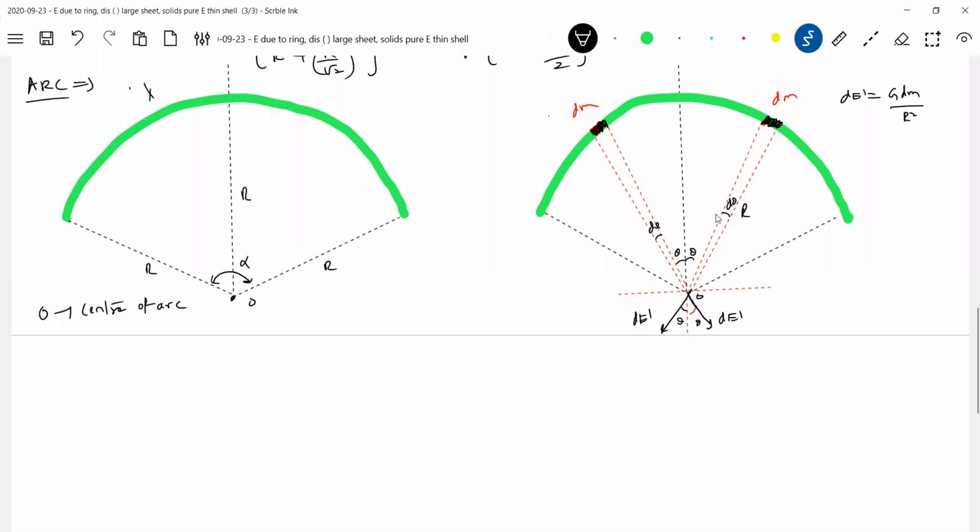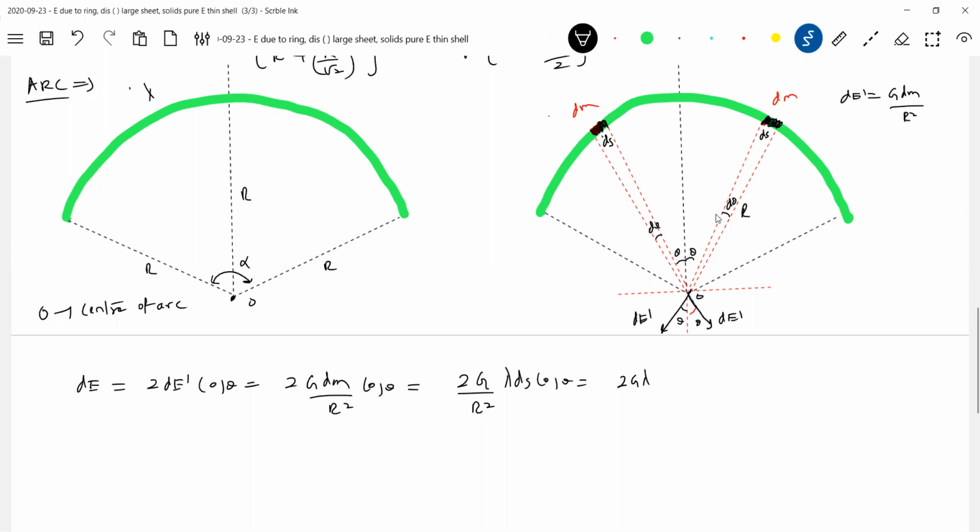Now we'll proceed here. Net field dE is equal to 2 dE dash cos theta. dE dash is G dm by r square, times cos theta. Further, 2G by r square, and dm we can write as lambda into ds, where the arc length is ds, into cos theta.